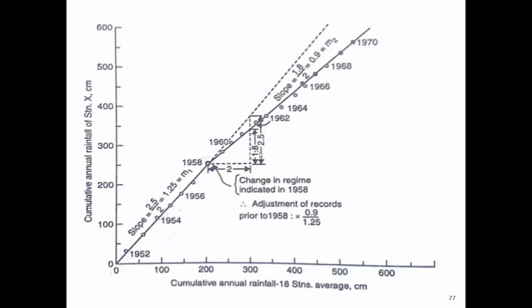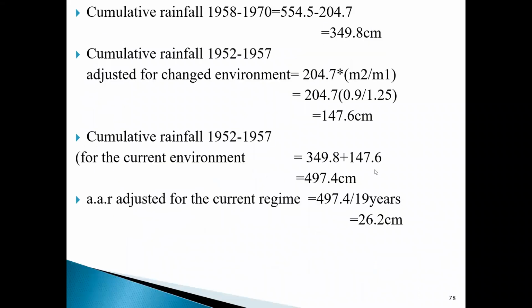Now you can see here, this is 1.8 by 2, so it works out to be 0.9, and this is 2.5 by 2, it works out to be 1.25. So you have to consider the ratios of the slope of the straight line plot. Now we shall go to the solution part.